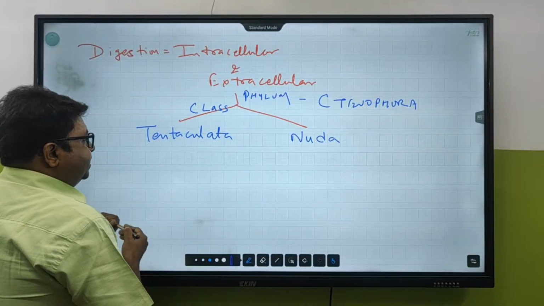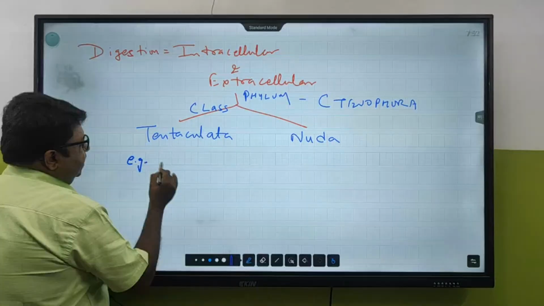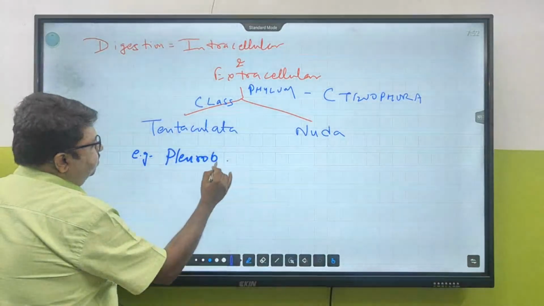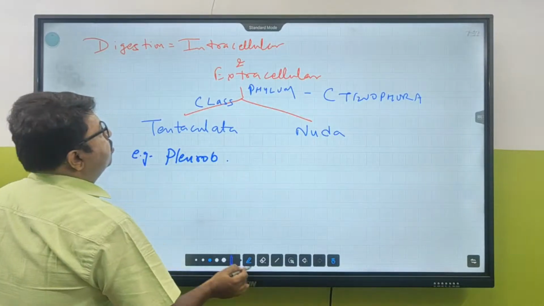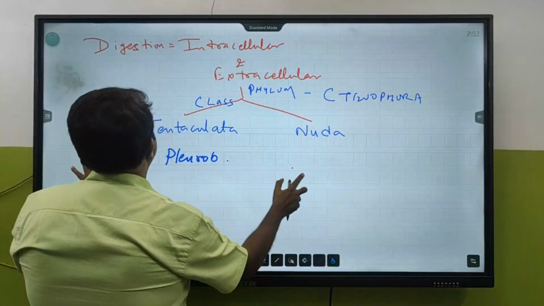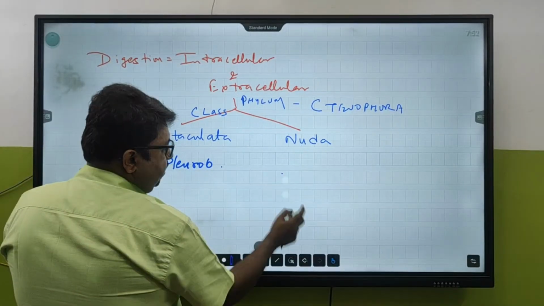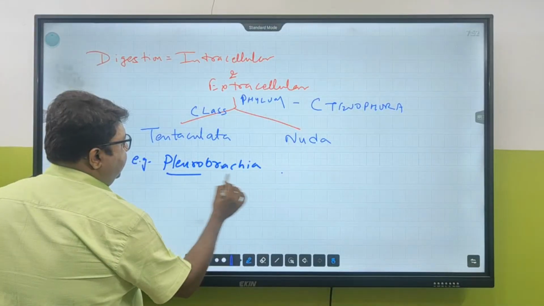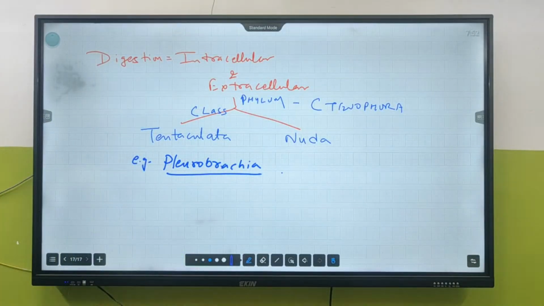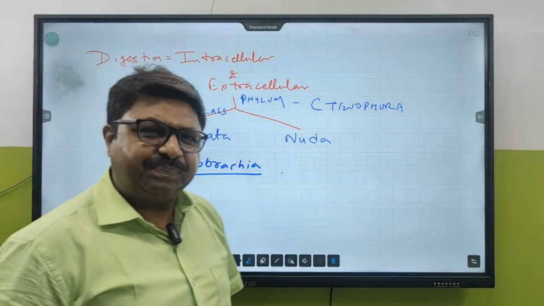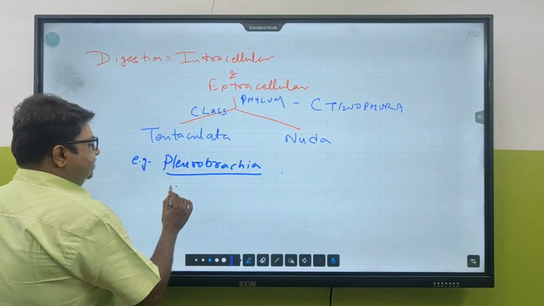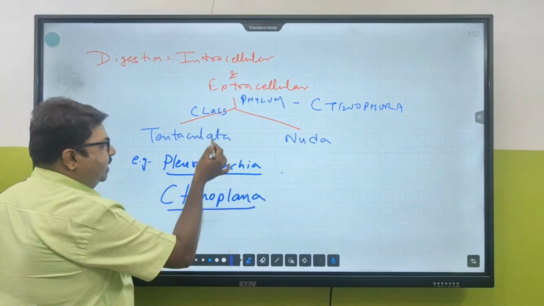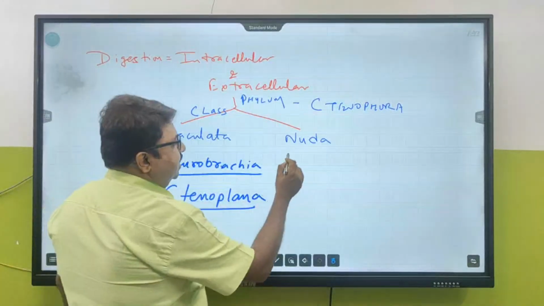One is Tentaculata. The example is Pleurobrachia. Another example is Ctenoplana under Tentaculata.